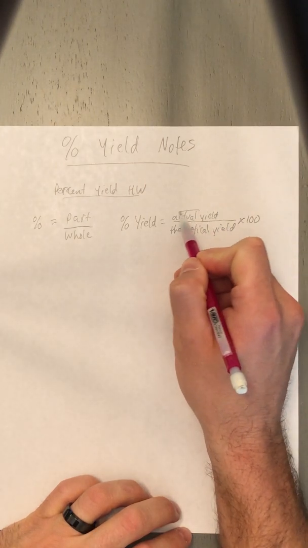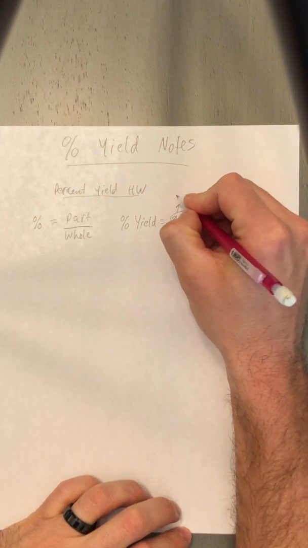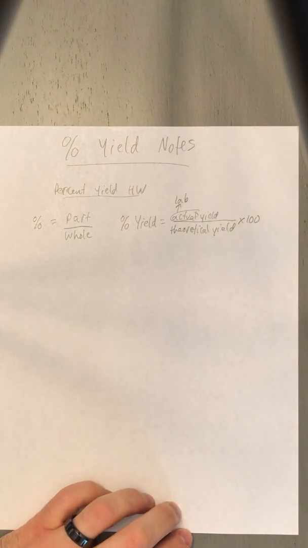Here we're going to look at actual versus theoretical. You kind of know how to get these numbers. We haven't specifically called them the yields yet, but it's going to be pretty easy once you have this formula to find the percent yield. The actual yield is what you actually get if you were to do a lab. If we were in school, we would do a lab probably tomorrow and actually measure with our balances.